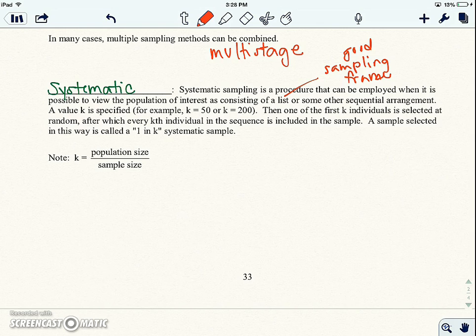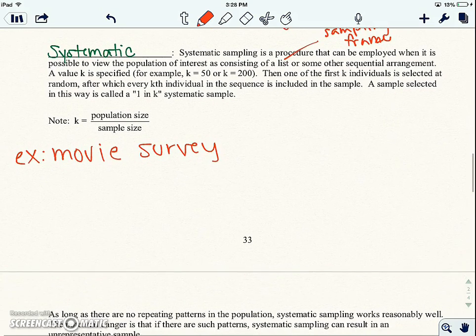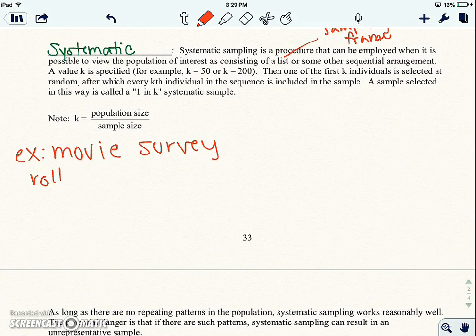This sounds really crazy, but it's not. Let's say we wanted to ask people if they've seen a movie, and I want to ask the people in this class. So I put their names in on the roll. Number 1 is Sam, number 2 is Joe, number 3 is Alex, number 4 is John, number 5 is Erica.